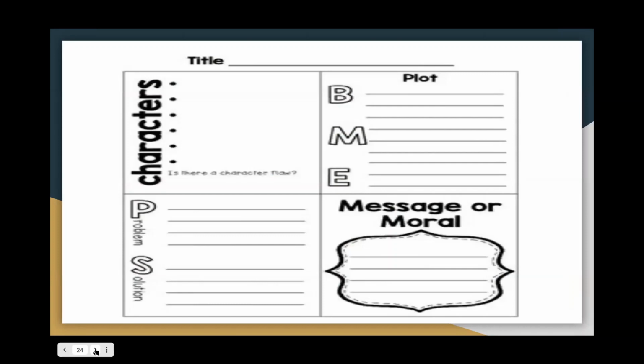It will help you retell the tale that you just saw. You will write down the characters. You will write down the plot, which is what happened in the beginning, middle, and end. You will write down the problem and the solution in the story, and also what message or moral was learned from watching or reading this story.